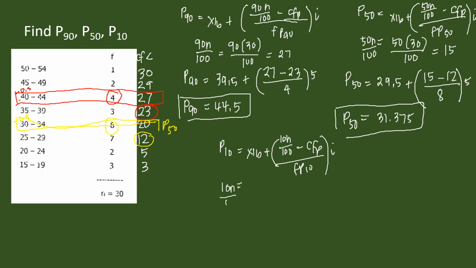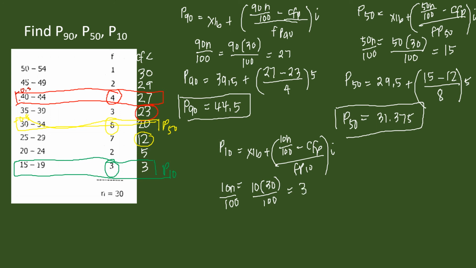So 10n over 100 is 10 times 30 divided by 100, equal to 3. If we look at our frequency table, we already have a CF that is exactly 3. That's why we'll just box that part. This will now be our P10 class. I will encircle the CFP, but there's none. That's why we will put 0 there. And the frequency is 3.